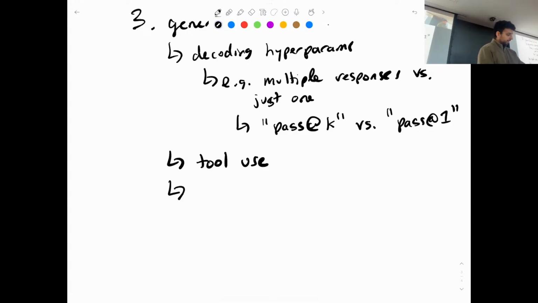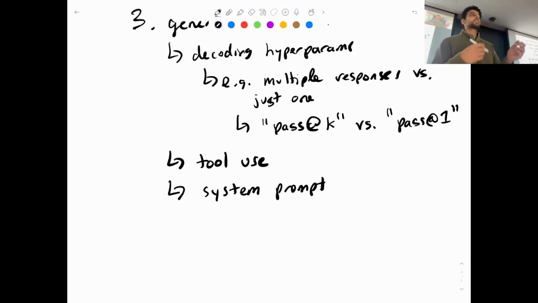Let's see, what else do we have here? Oh yeah, so there's other things like what is the system prompt and the overall task prompt that you're using. So you might have seen, or yourself tried to add all of these things into your prompts to LLMs. Like if you're doing translation, you could say something like, you are the best translator of this language that ever existed. Translate this sentence in as faithful a way as possible.